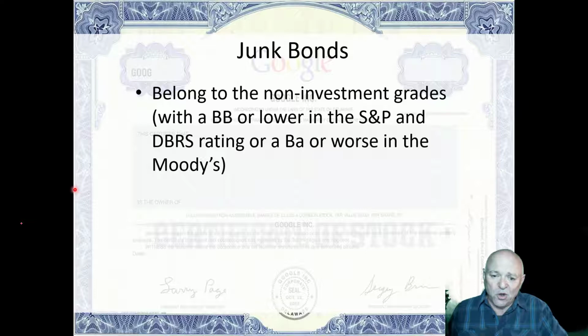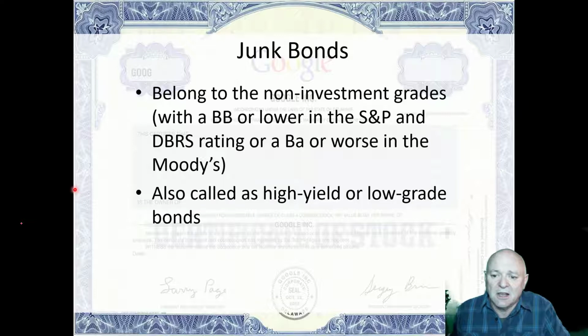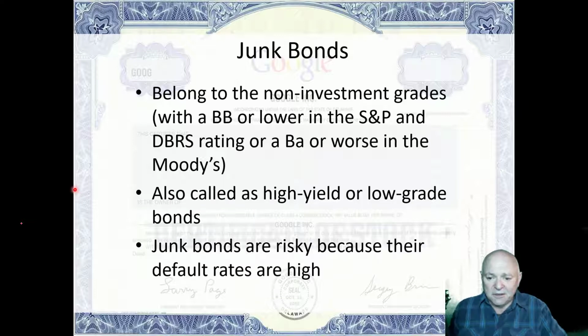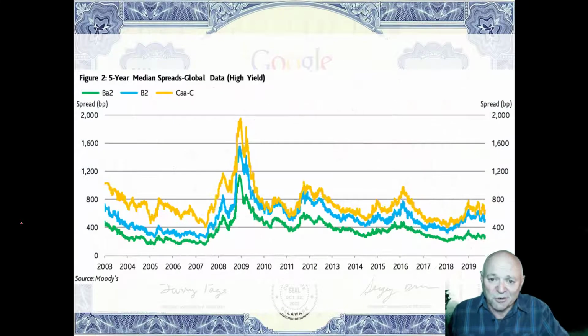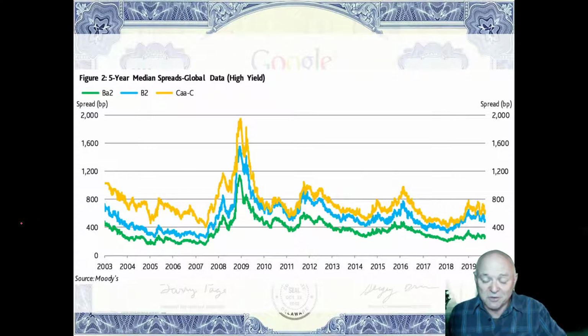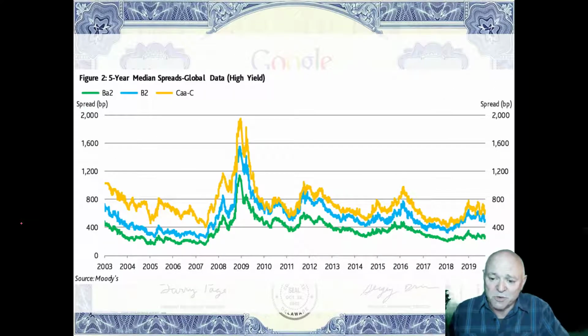Essentially, these are the non-investment grades, double B or lower according to Standard & Poor's, and Ba for the Moody's ratings. And essentially they're risky because the chance of default is considered to be higher. You can see from the experience of those bonds over that period exactly what's promised.